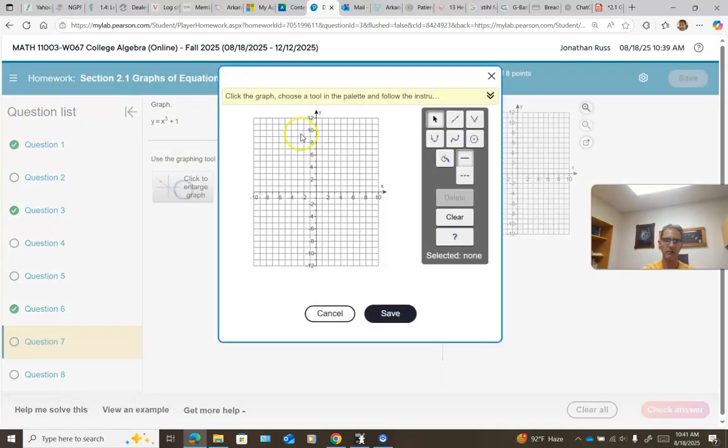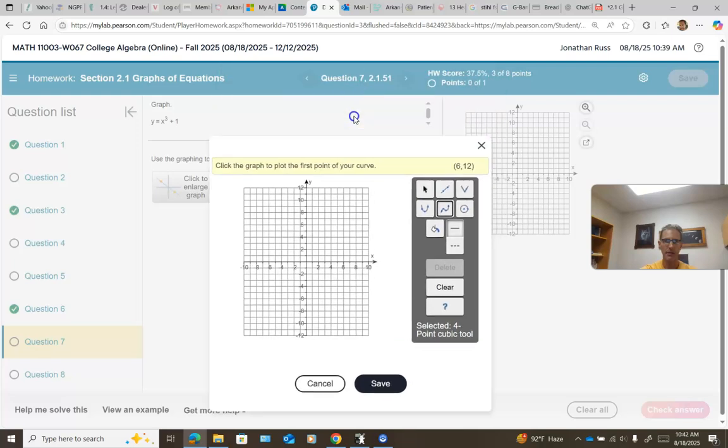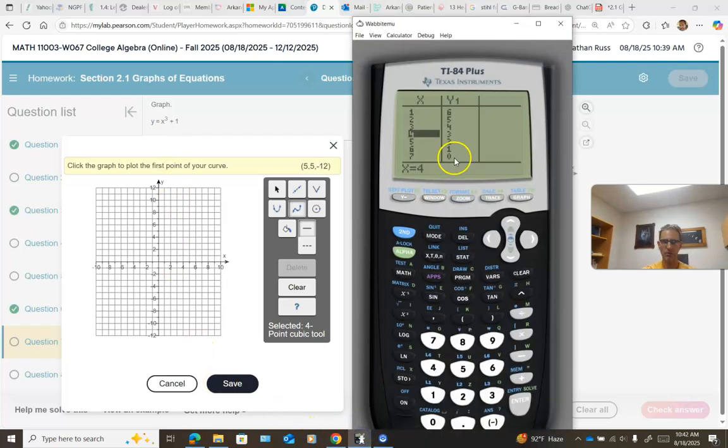function. Okay, so for that you need this tool, the 4-point cubic tool. Okay, and you're going to need 4 points. Now, these cubic functions, they sort of have a center point, but I don't think it matters whether you plot it first. But I am going to put that function into my calculator.